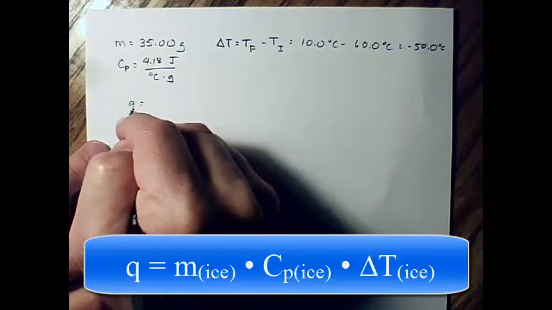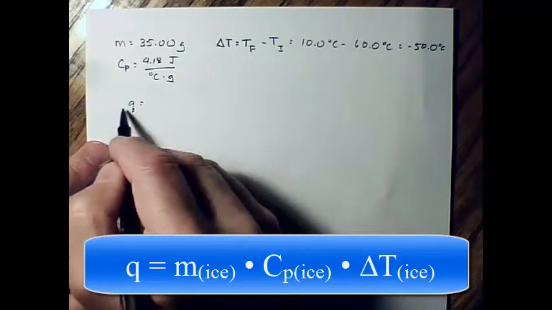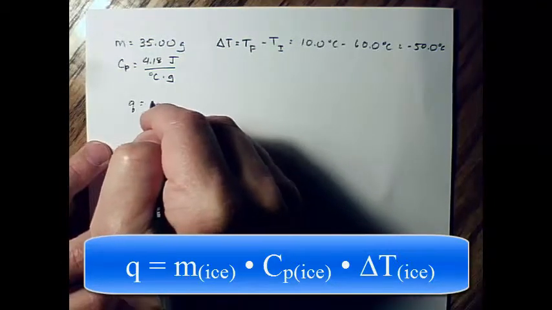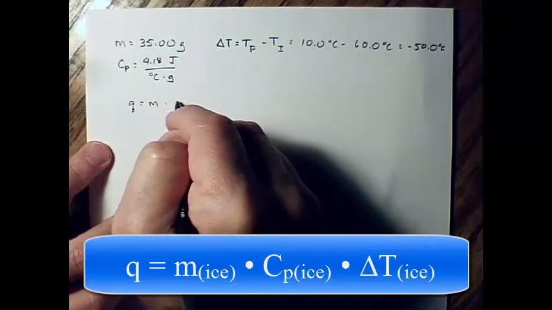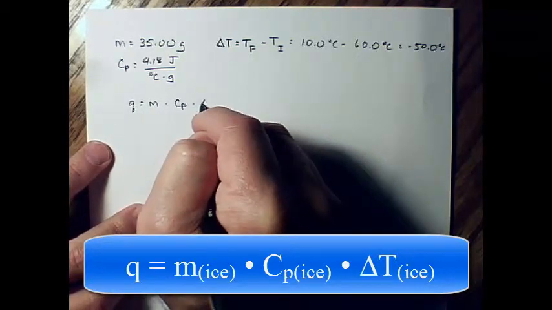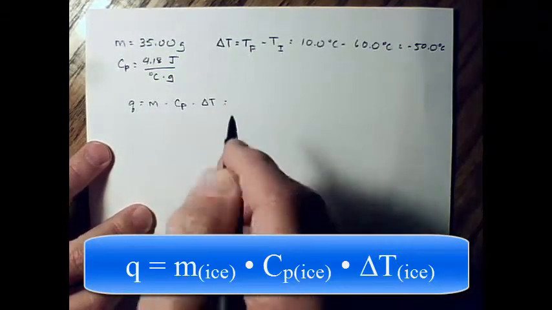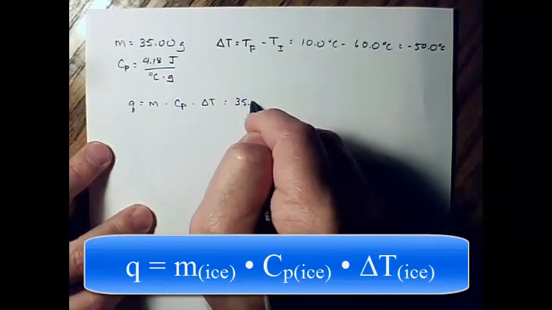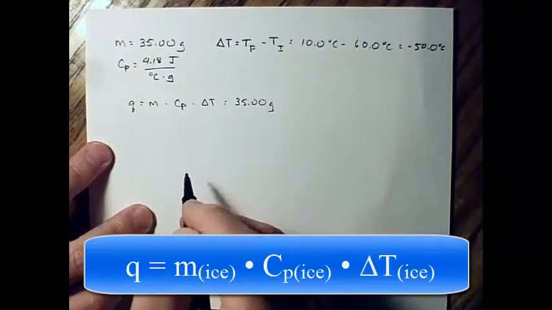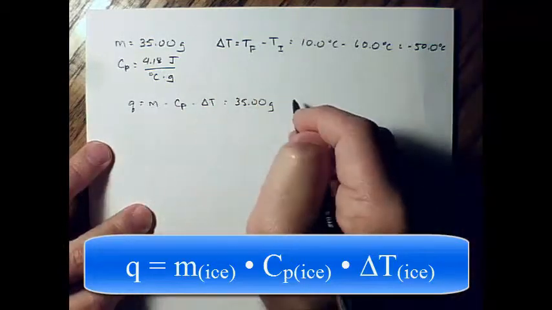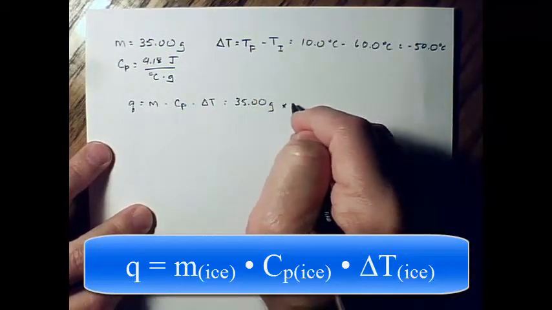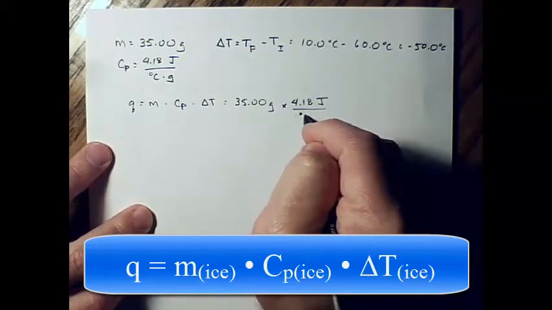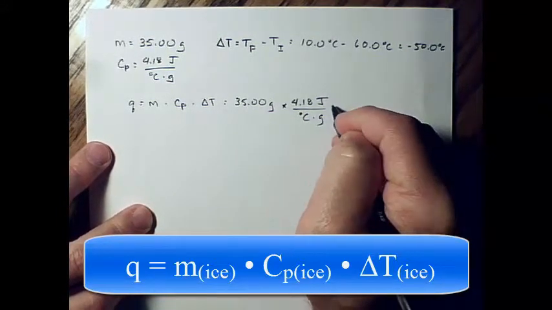This is your heat exchange or heat change within the substance, equals the mass times the specific heat times the change in temperature. The mass is 35 grams. The specific heat is 4.18 joules per degree C per gram.